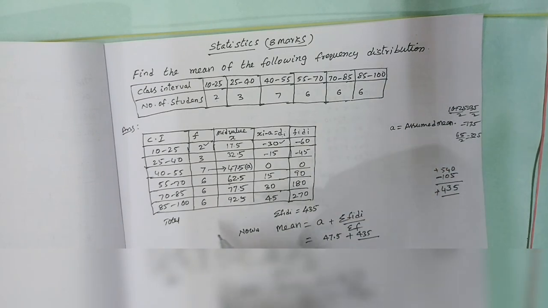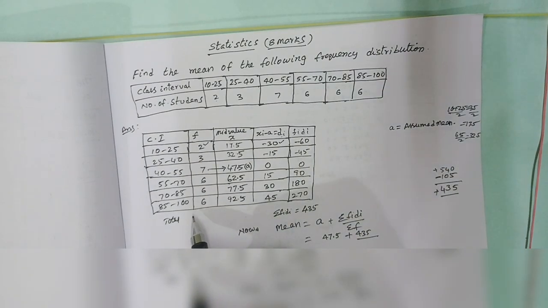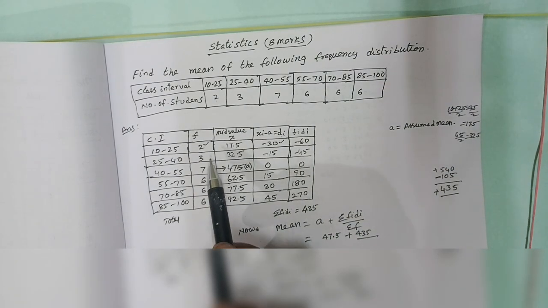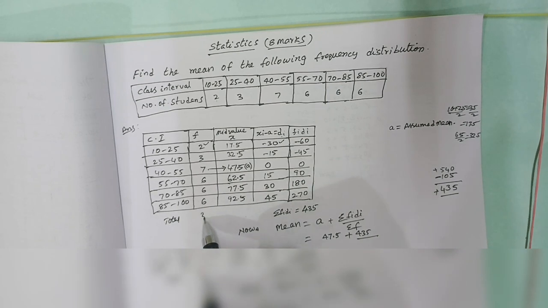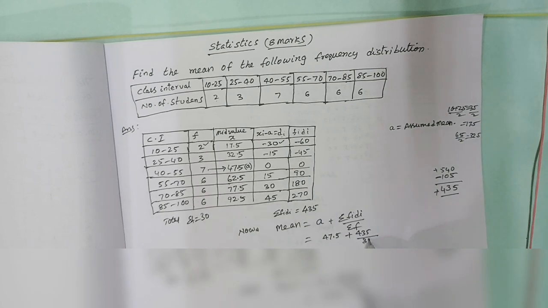How many are there in total? 30. 2, 3, 5, 5, 7, 12, 12 plus 18, 30. This is sigma f, so 30.